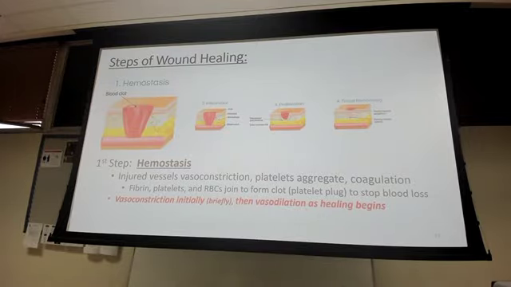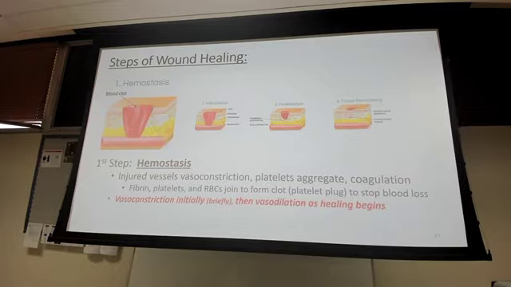But notice here, the first step is vasoconstriction, right? I told you guys that the first step of inflammation was vasodilation. That is true, but if you have damage to a blood vessel, the first step is vasoconstriction. And it makes sense. If we have a vessel that's bleeding out, we need to constrict that so we have a reduced amount of blood going through.